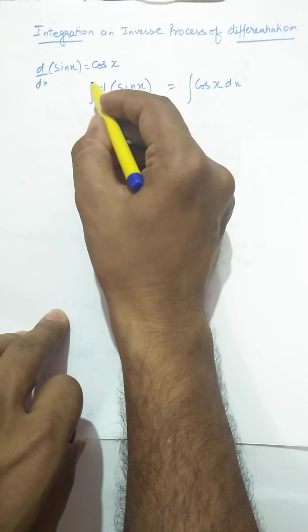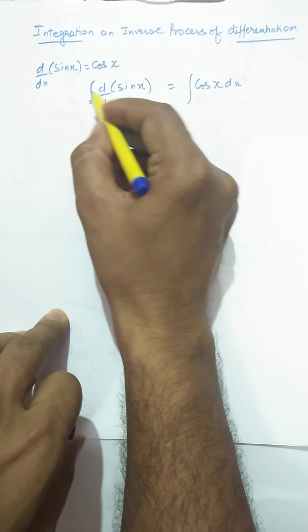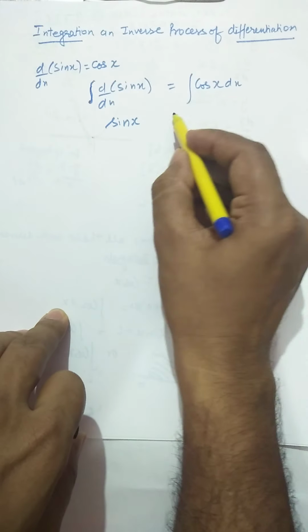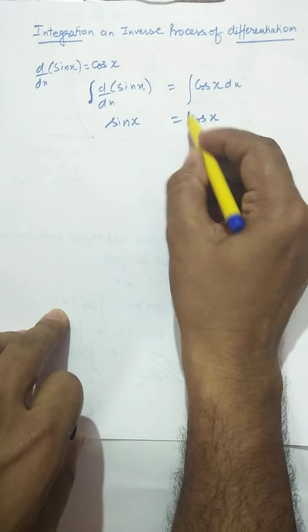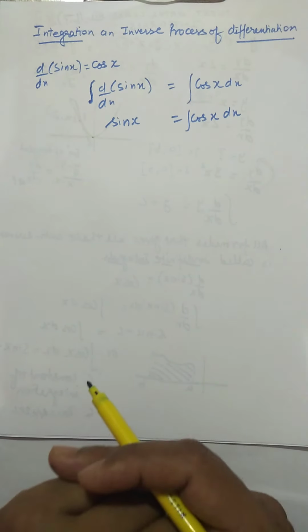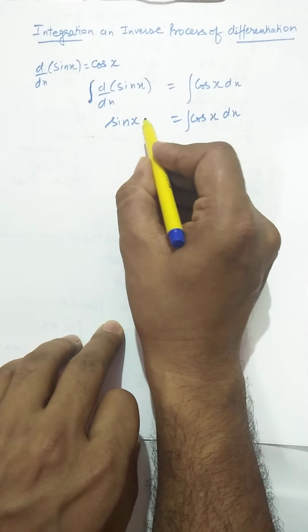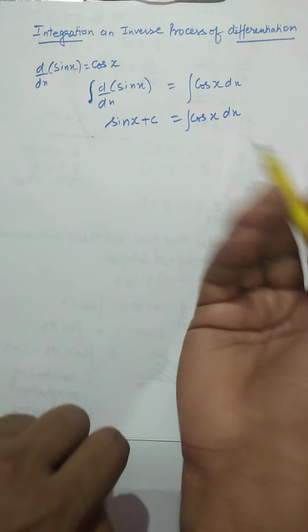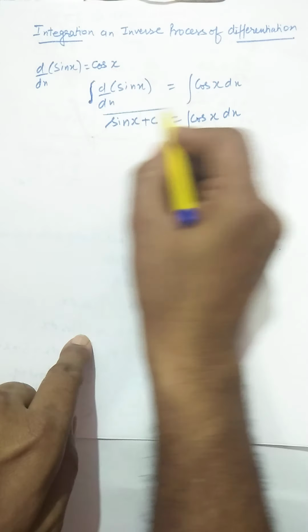Because this sign denotes the antiderivative, this will be sin x, and this will be the integration of cos x. And dx means we are taking x as the variable of integration, so we can write c also. So this is one of the formulas that you have obtained.